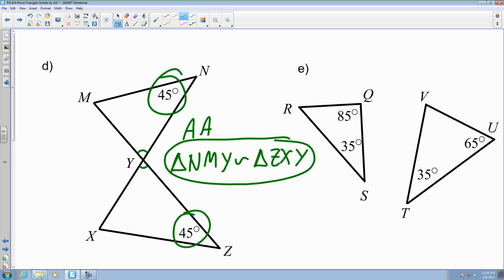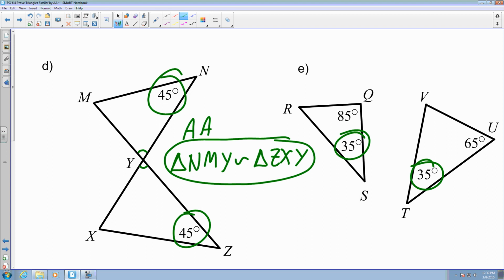Looking at example E, I see I have two angles that are congruent with 35, but again, that doesn't prove anything yet because I got an 85 and a 65, but we do remember that the triangle sum theorem tells us that the sum of the interior angles gives us 180, so 180 subtracted by 35 and subtracted by 65.